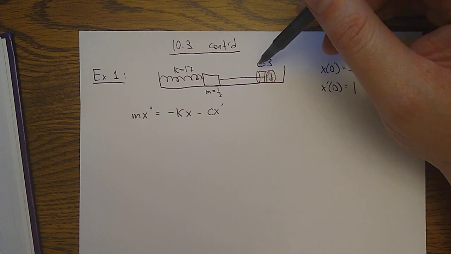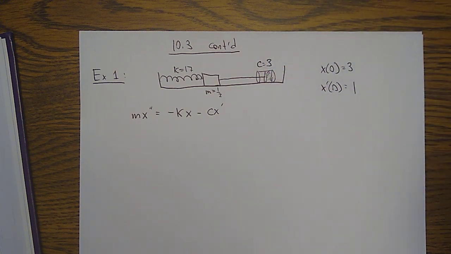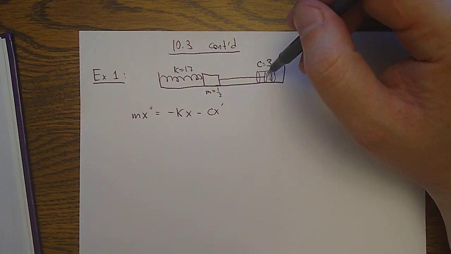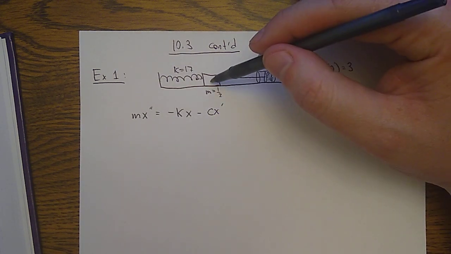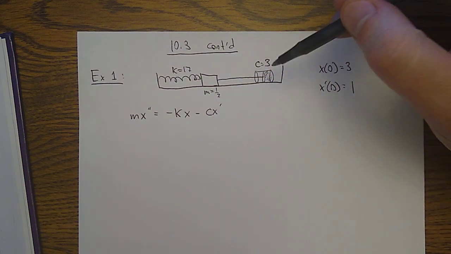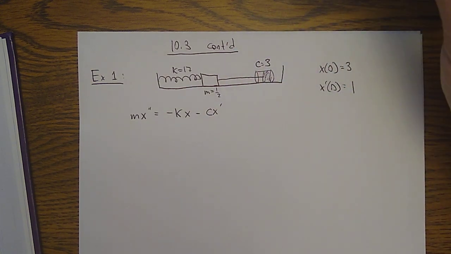And the dash pot has a certain strength, this coefficient c, that tells you how much it opposes velocity. So the force that it applies is c times x prime, where again x is the displacement. If the mass is moving, then this applies a force in the opposite direction of movement.